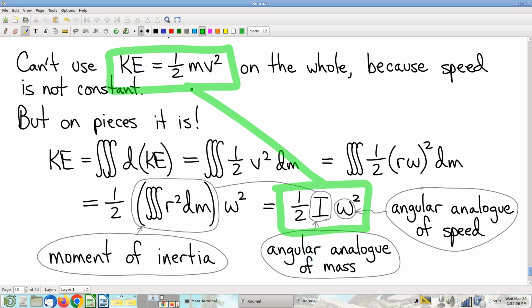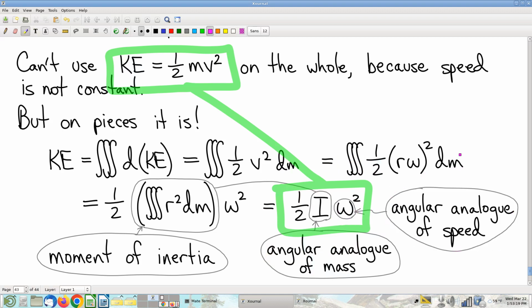So we're on track to saying that this right here is sort of an angular version of our old kinetic energy formula. And in the same sense that this omega is angular speed, it's kind of like speed, but in an angular sense instead of a linear sense.